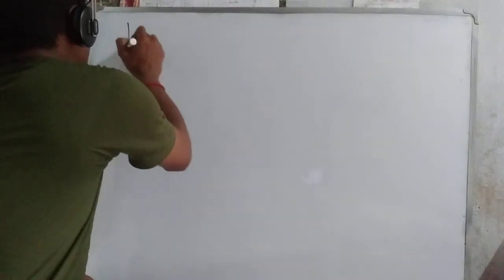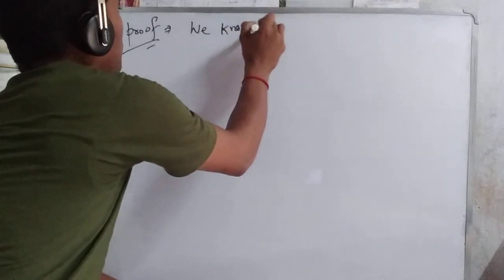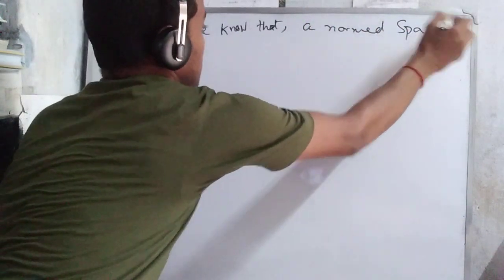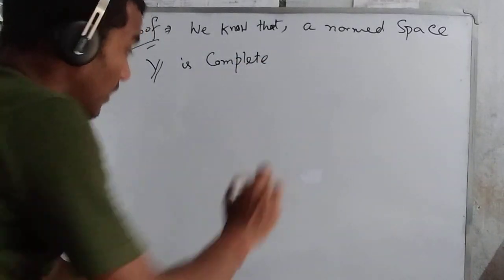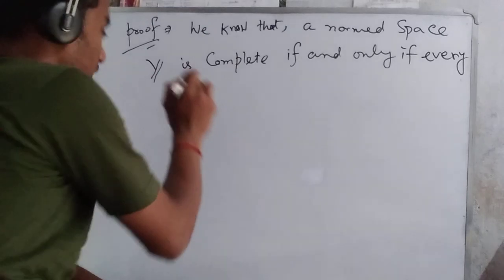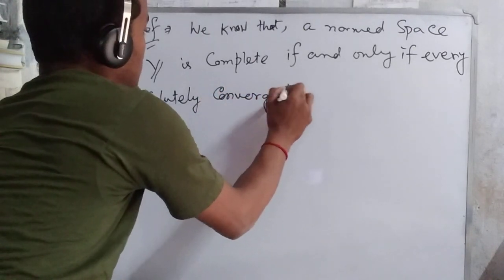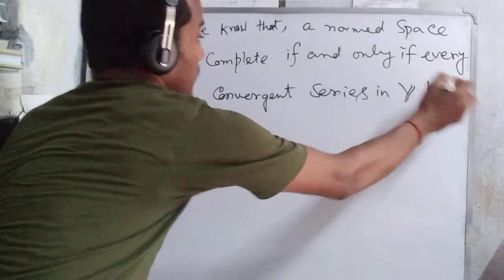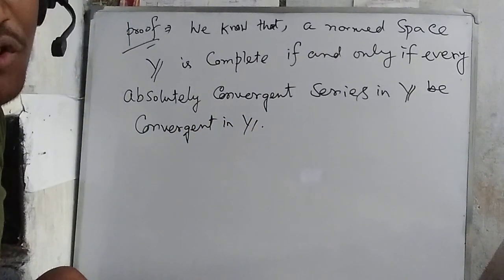So we write here, proof. We know that a normed space Y is complete if and only if every absolutely convergent series in Y is convergent in Y. This is an important theorem we also discussed in the previous class.